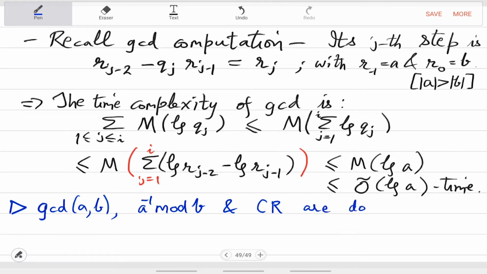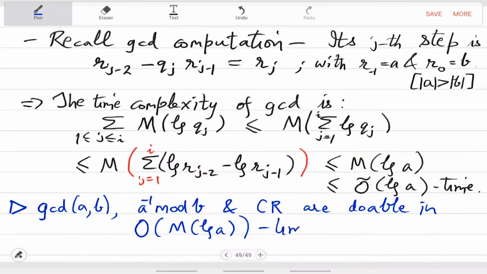These are doable in the same time as multiplying log A bits. So use any multiplication algorithm and you get the same complexity for division, GCD, inverse, Chinese remaindering. From now on we will just implicitly assume this theorem. All our algorithms for basic arithmetic will be fast.